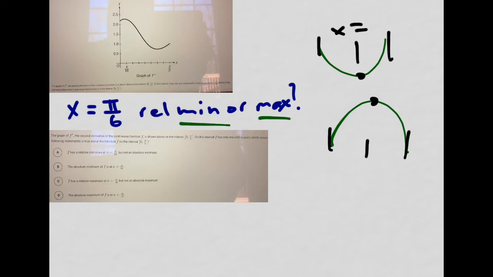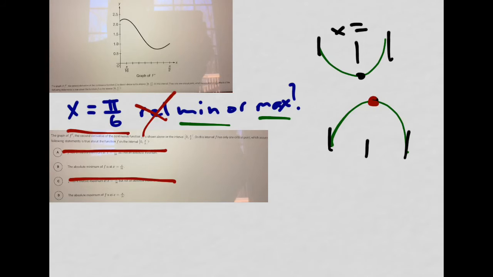So if we only have one point, and it's a min or a max, then it has to be the absolute, depending on what our curve looks like. So it's either going to be choice B or choice D. So I'll start crossing out A and C. So it is going to be an absolute.